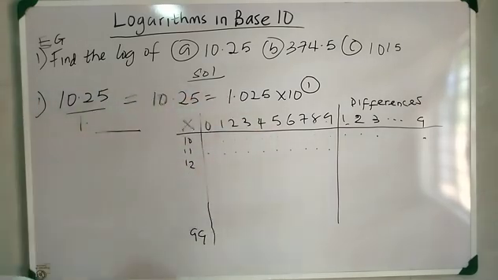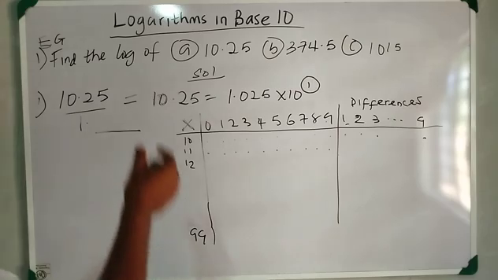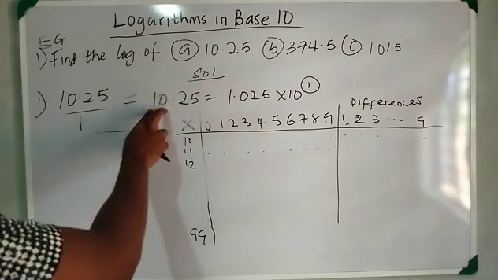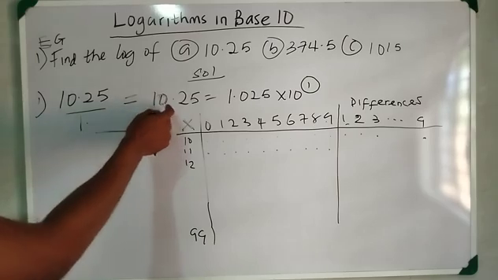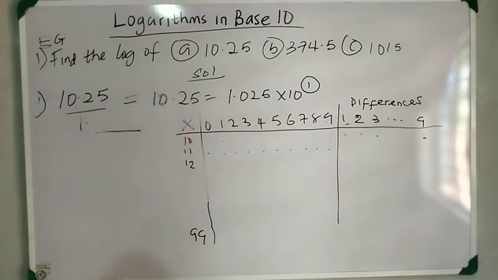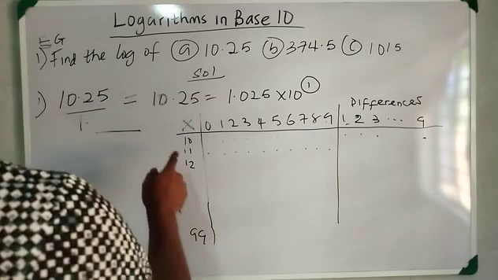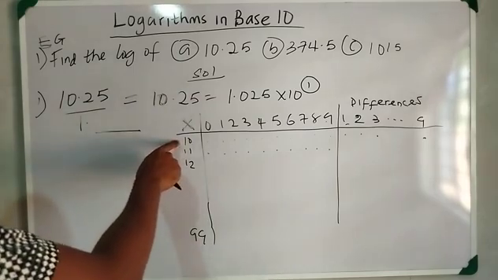Just take these digits together. So this is 1025. Now the trick I used to remember it is take the first 2 out of the 4 digits. Take the first 2 as husband and wife and look for them under the x column. So this is 10. We are going to look for 10 under the x column. And if you check your logarithm tables, you will see that 10 is the first number.